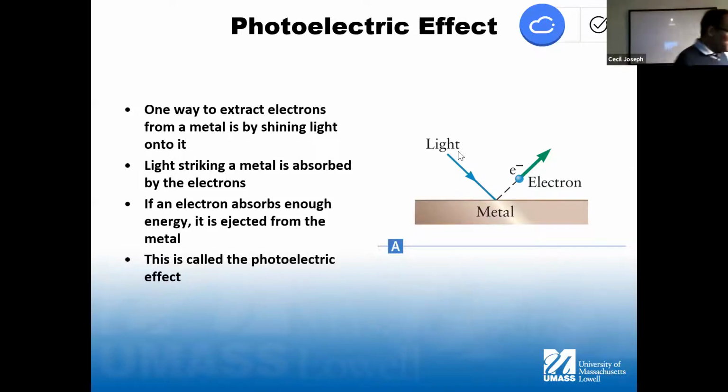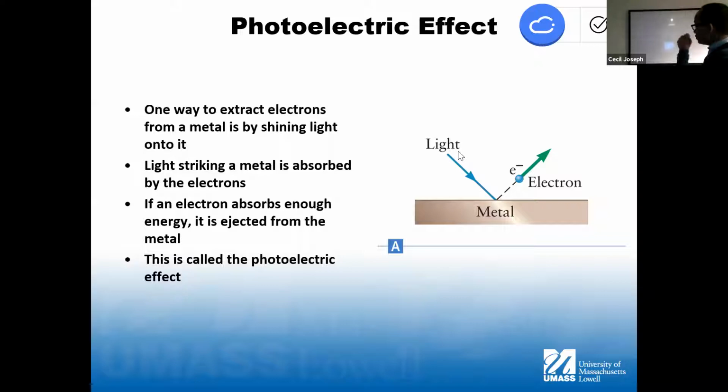The electrons are held to the metal by electrostatic attraction to the nuclei, just like in any atom. If you can take energy and give it to that electron, it will start moving faster. It will get more energy, and at some point, it should get enough energy to be able to leave the metal. At that point, you have removed an electron from the metal using light, so you've ionized it.